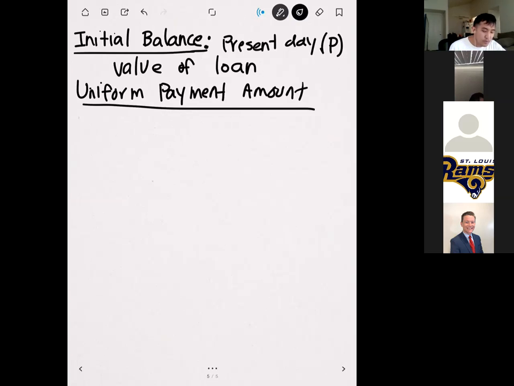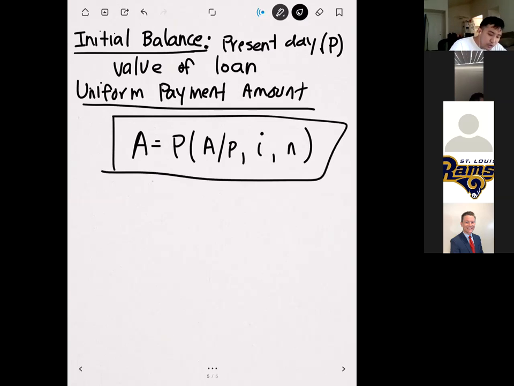The way that we compute this is we convert our present day value into a uniform series. So the formula is A equals P times (A/P, i, N), where you plug in your interest rate and then N. You can either use the formulas, because normally it's not that big a calculation, or if your interest rate is something you can look up in the tables, you can use that as well.